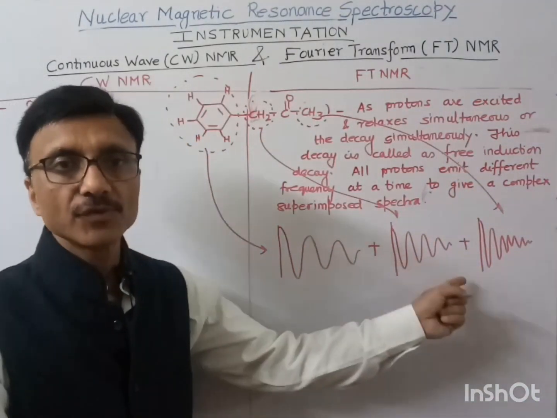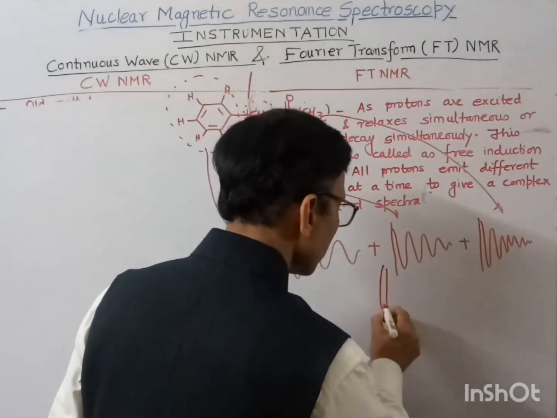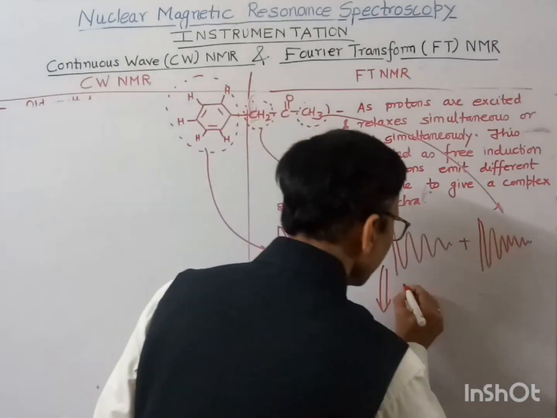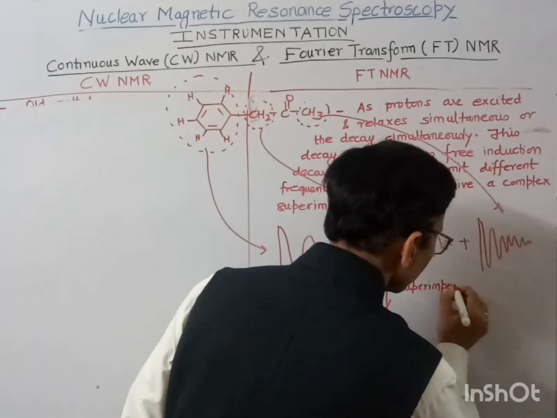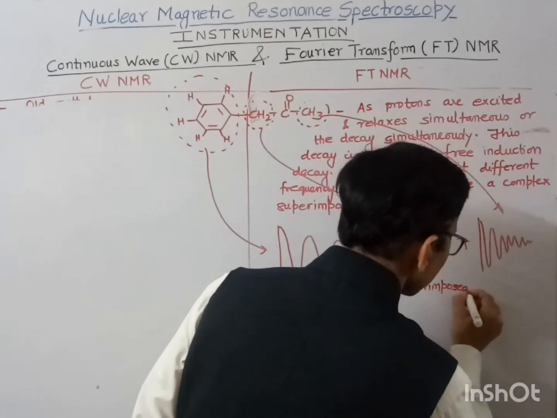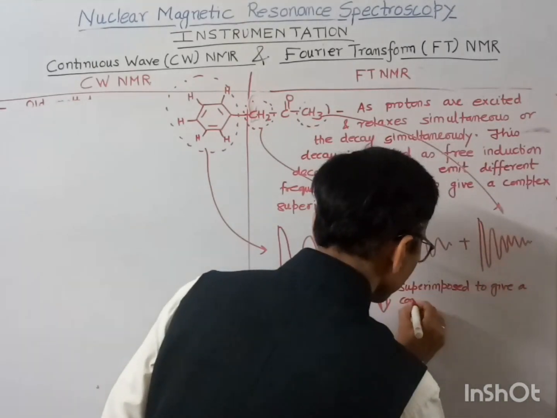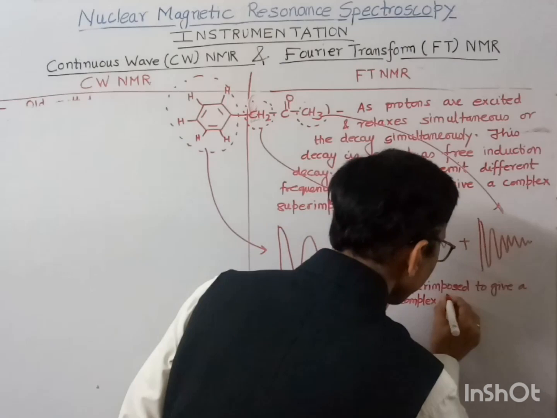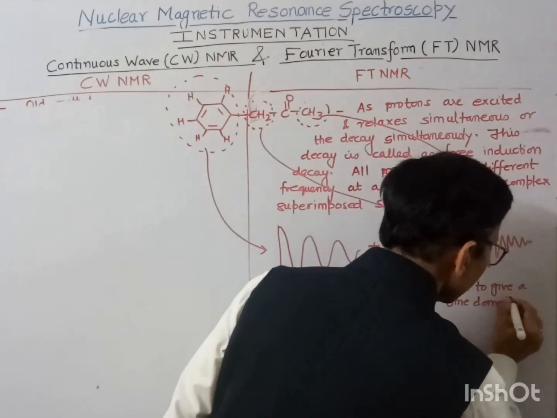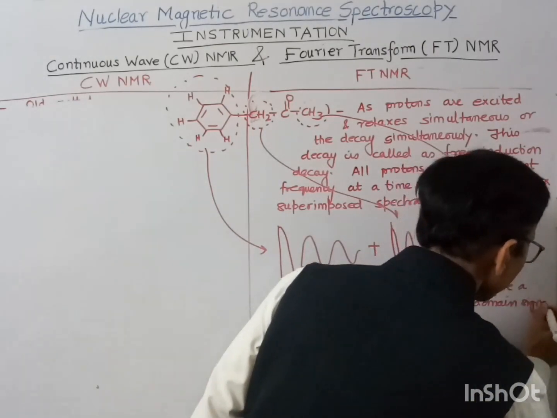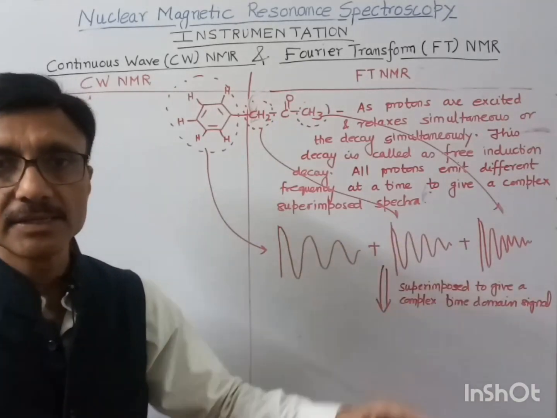As all three frequencies are emitted simultaneously, they will superimpose to give a complex time domain signal, because at a single time all three are excited and relaxing.